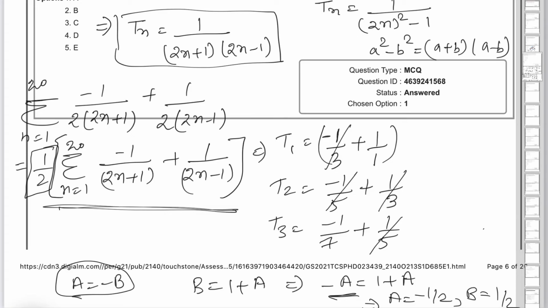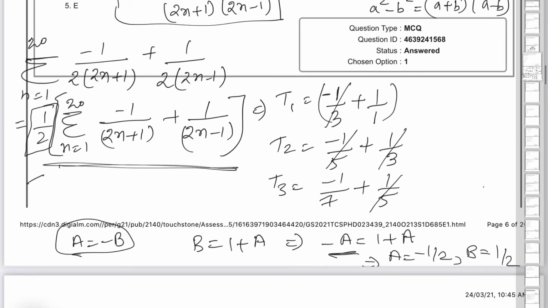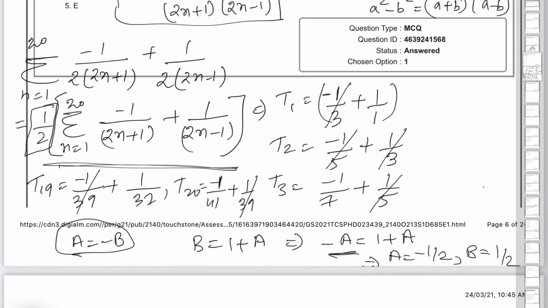So if you look at the final terms like t19, it will be minus 1 upon 39 plus 1 upon 37, and t20 will be minus 1 upon 41 plus 1 upon 39. So this term is also getting cancelled, and as you've seen above, the second term is also getting cancelled by the term preceding it.